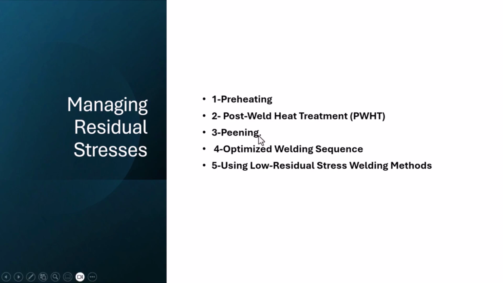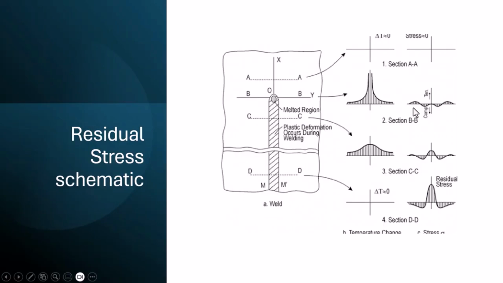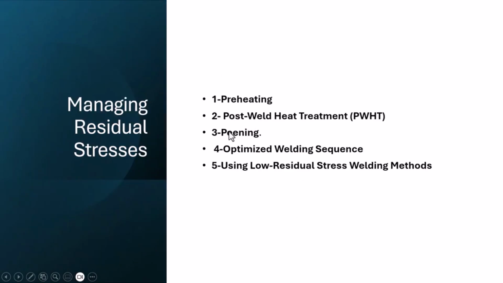Everything else that creates a negative stress, like this one, is in our favor. We don't like tension, so we want compressive stresses, so we would like any process like peening.